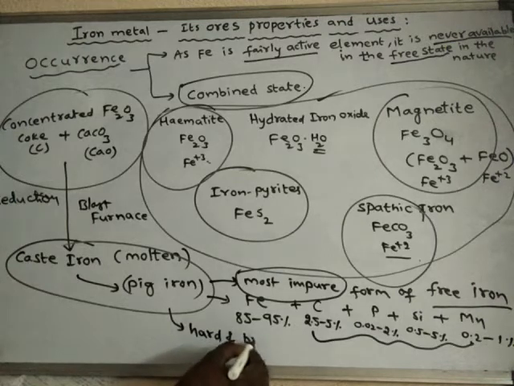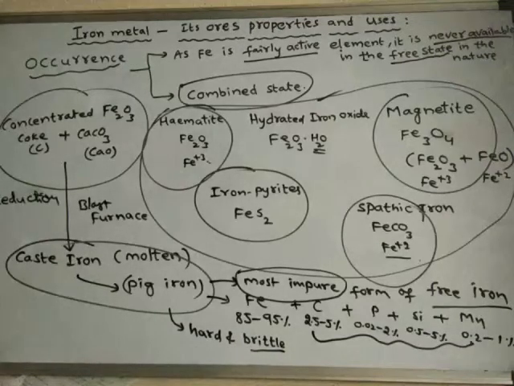Hard and brittle. What is the meaning of brittle? Brittle means if you beat that metal, it breaks down into pieces. If any material breaks down into pieces upon beating, then it is said to be brittle. Some materials won't break down upon beating.